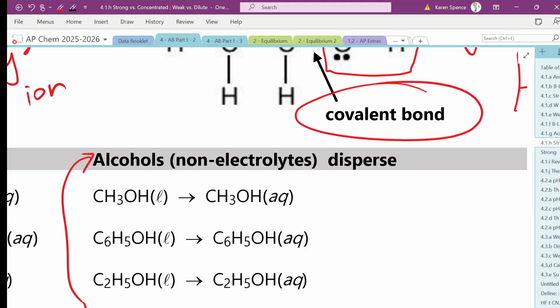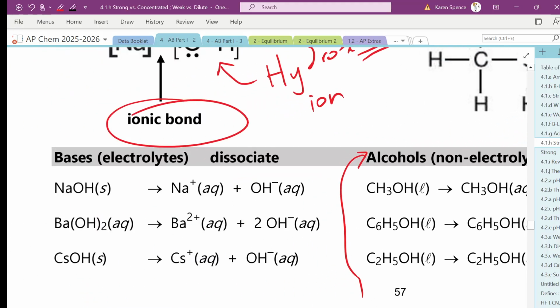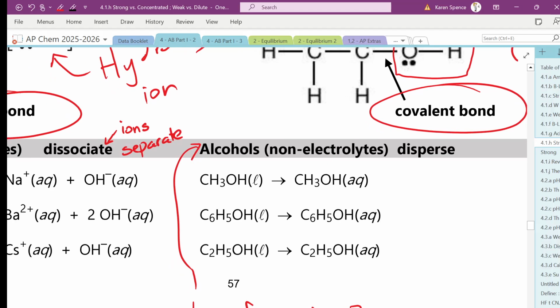Dissociation is when the ions separate. And dispersal is when molecules move apart from one another.